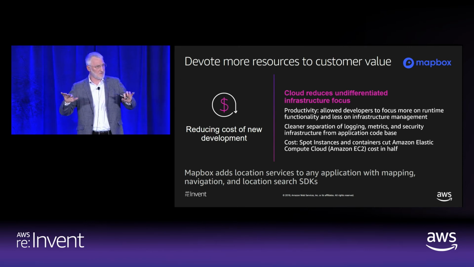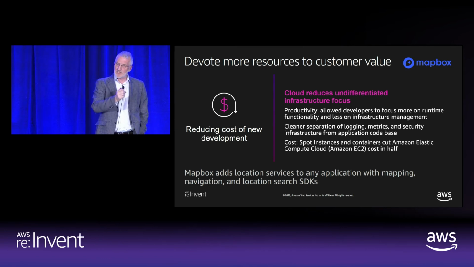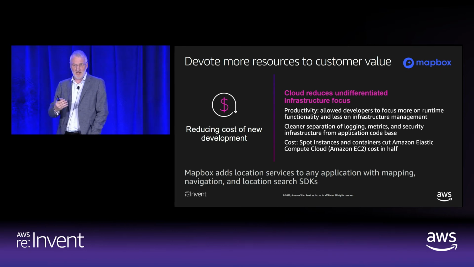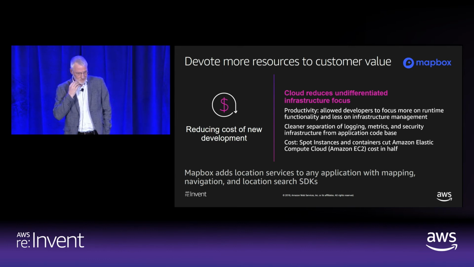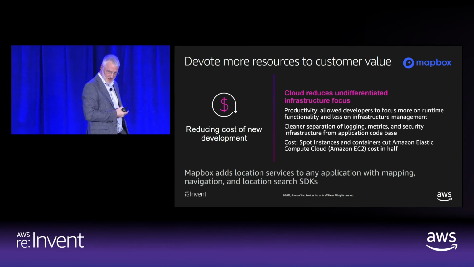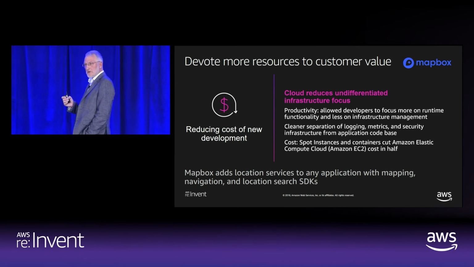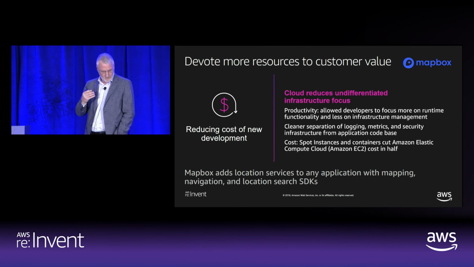So you had two parallel teams, and the application team could focus entirely on the functionality without having to worry about the infrastructure, and the infrastructure team could provide value-added infrastructure in terms of logging, metrics, and security. And because they're using spot instances, they were able to drive their price down by 50% of what they had before.